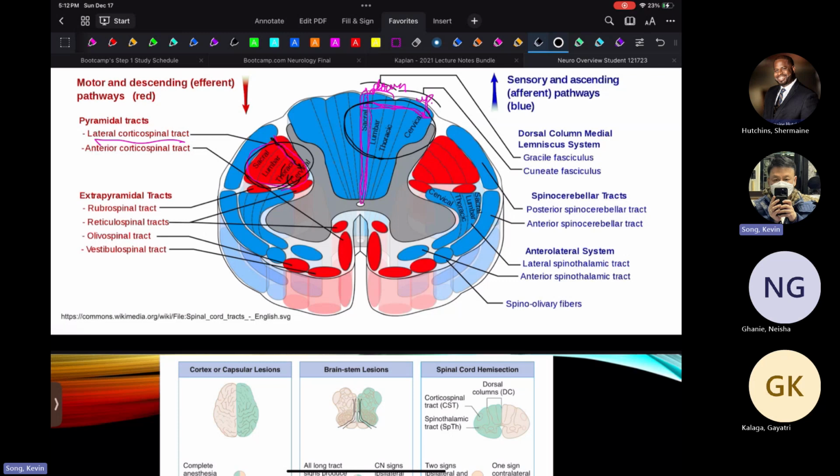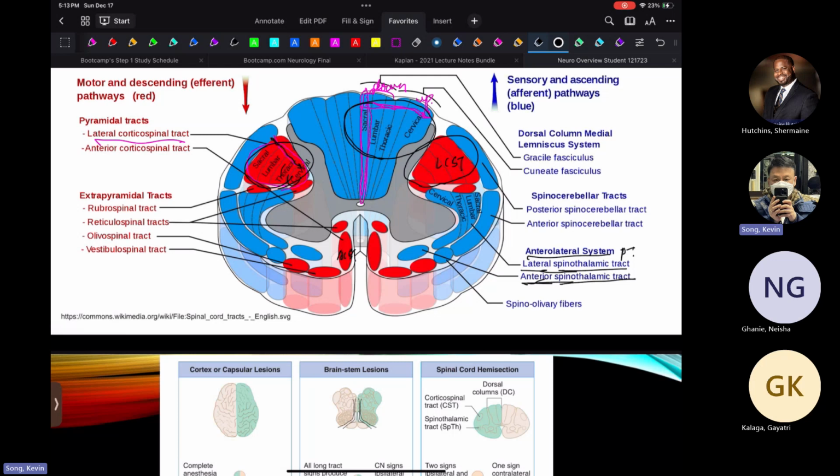All right. Then basically there's the lateral corticospinal tract, the anterior corticospinal tract, and also the anterolateral system. That's basically pain and temperature. And here, lateral spinothalamic tract, anterior spinothalamic tract, right? They are basically doing the same thing, in terms of sensation, in terms of functionality.